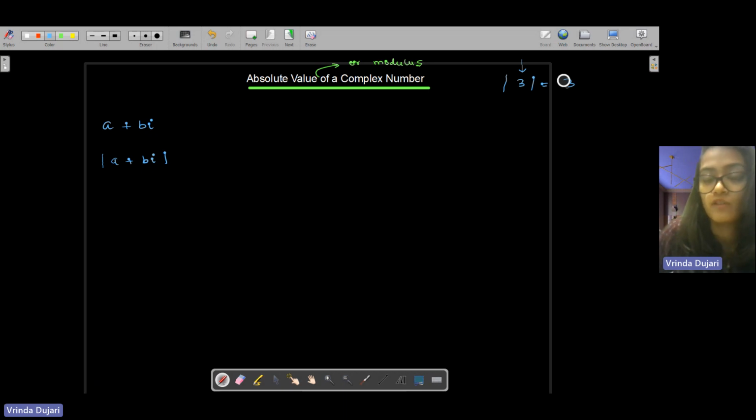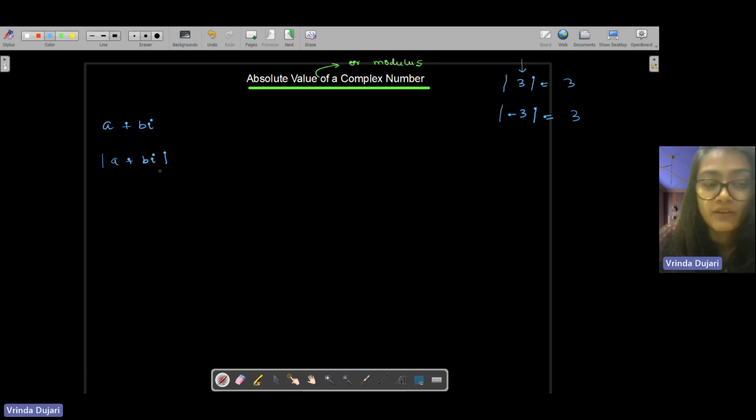So distance, we always used to get a positive number because distance is just positive. And if you find out what is the absolute value of -3, so again, distance of -3 from 0, that's again going to be 3, right? So that was the geometrical interpretation in case of absolute value of real numbers.